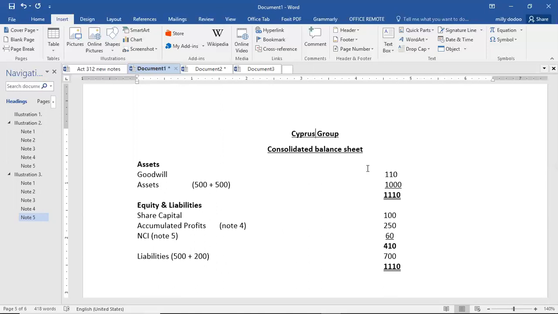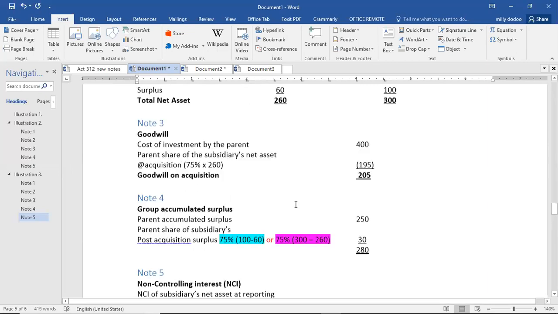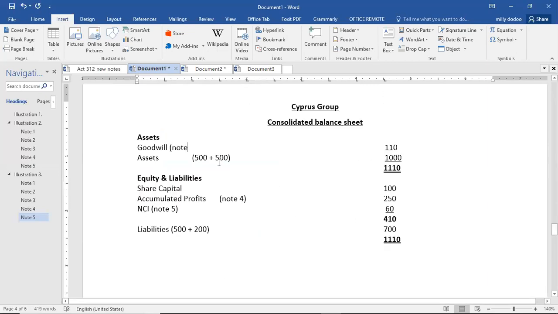Now, let's look at the consolidated balance sheet. So we had a goodwill. In fact, the goodwill was determined in note 3. Okay. So goodwill is your note 3. Let me be putting them there so that it is easy for reference. So goodwill was 205. Then you have your assets.